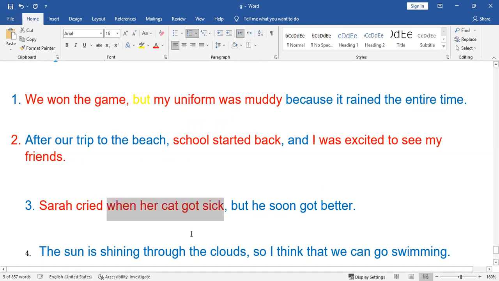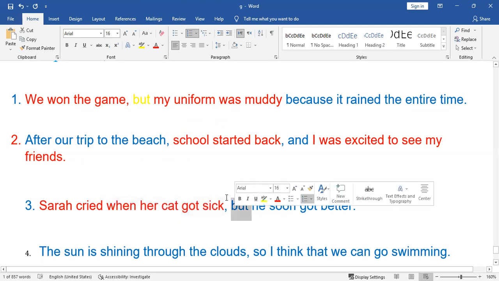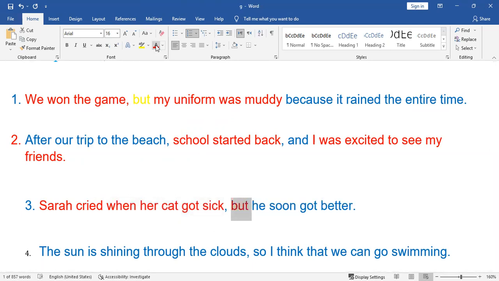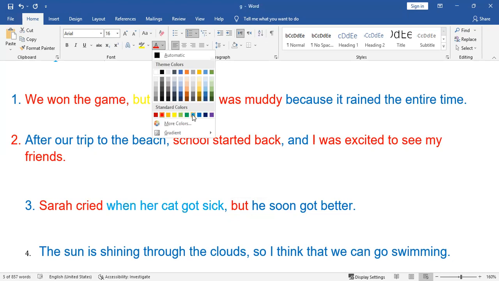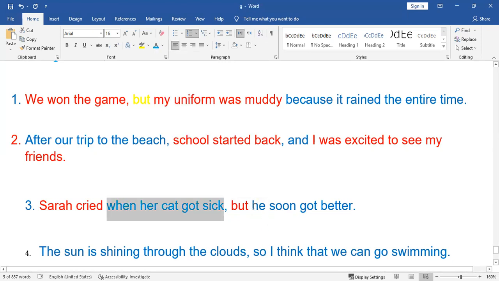But the but connects it, so there is compounding. He soon got better is another independent clause. So I have two independent clauses and one dependent clause. This is a compound complex sentence.